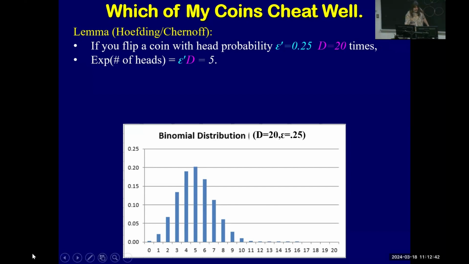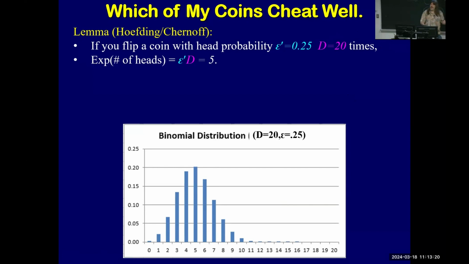If 5 comes up, you put a little box here, and if 9 of them come up heads, then you put a box here. And this says that you're most likely to get 5. And the further away, you might flip the coin 20 times and get 15 heads, but it's not very likely. Everybody buy that?